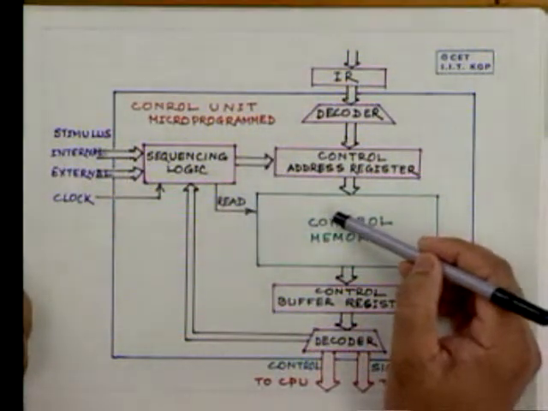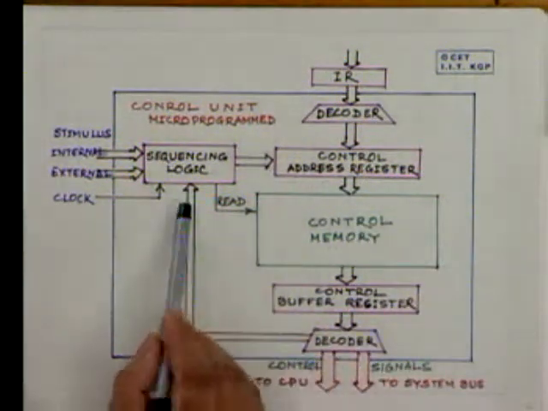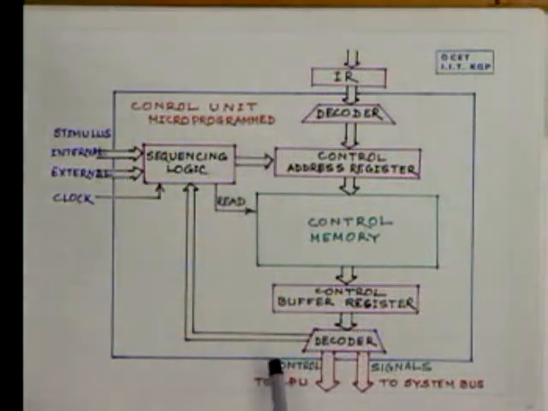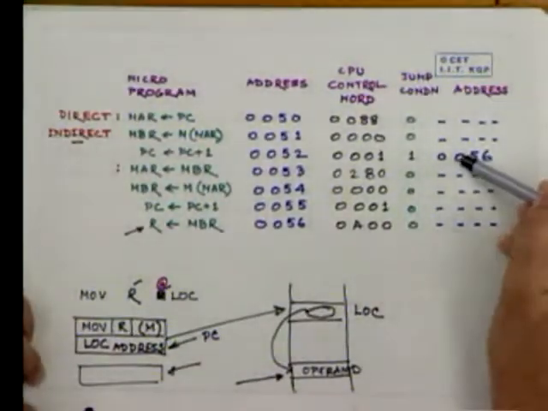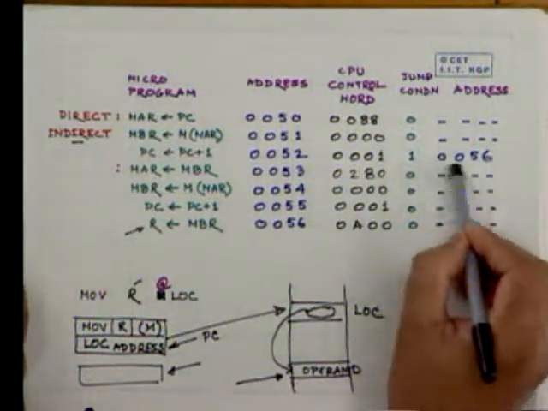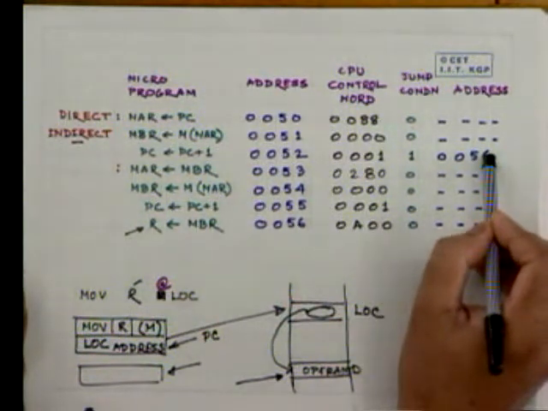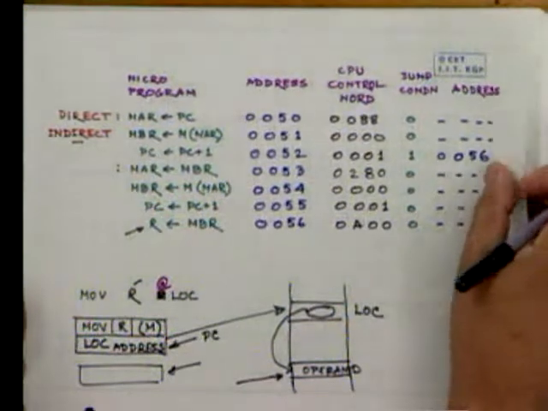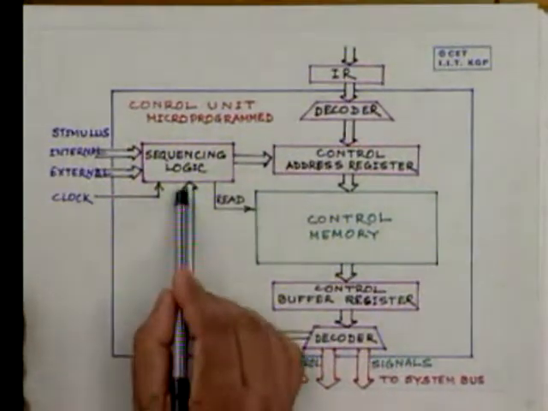That means as it goes through instruction after instruction, an input to the sequencing logic should come from the decoder, because as I said, instead of the next instruction, it may have to jump to some other memory location to get the next logically sequential address of the microinstruction. Therefore, one input will come from the decoder to the sequencing logic.